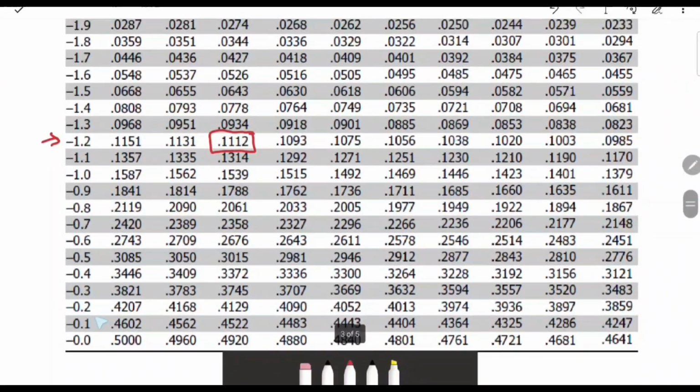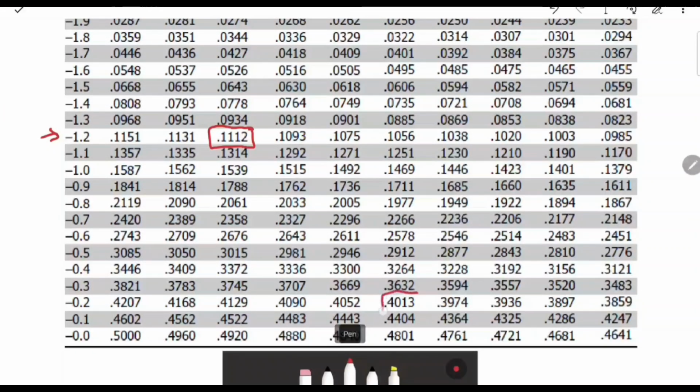So minus 0.2, and then let's pick the closest. 0.3974 is one value, and 0.4013 is the other. 0.4013 is closest to 0.40.